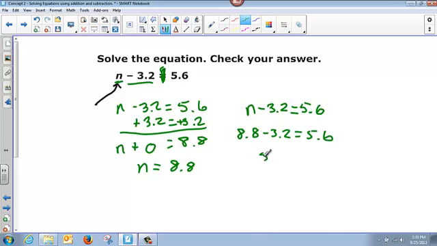So we're going to get 5.6 equals 5.6. So we get a true statement here. 5.6 does equal 5.6. And that's the goal. Remember, the definition of a solution is a value for the unknown variable that satisfies the equation. It makes this equation true. And when I substitute 8.8 in for n, I get a true statement. It makes my equation true.